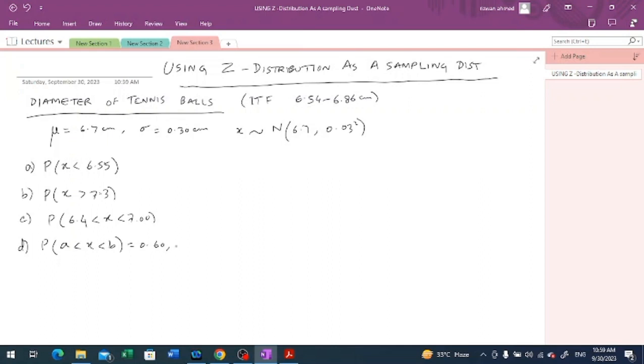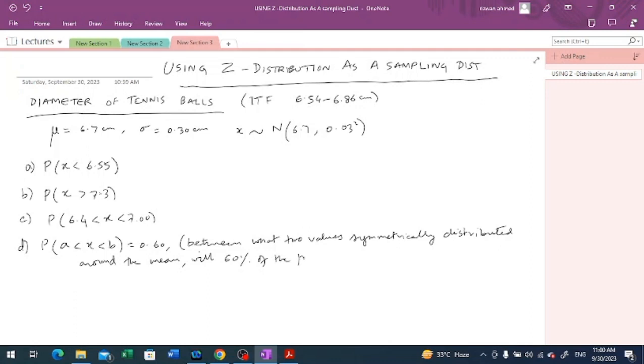This is how we state it: between what two values, symmetrically distributed around the mean, will 60% of the tennis balls fall?